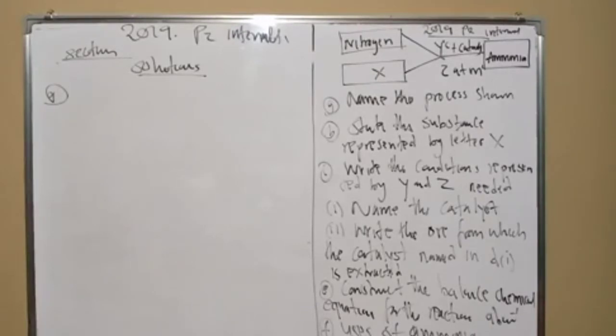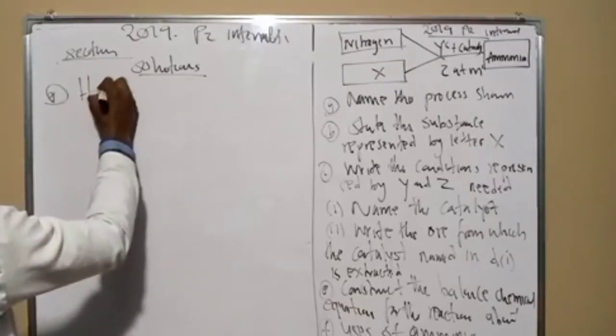Only Pretty has answered. Wednesday, Haber process. Kelvin, the Haber process. Cynthia, the Haber process. Mununga, the Haber process. Alright. So, the answer here is the Haber process.